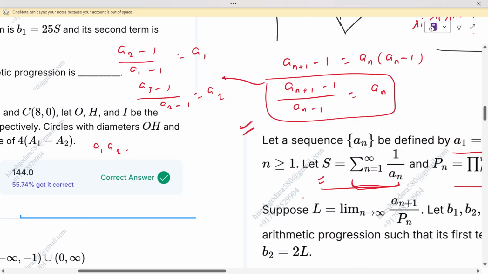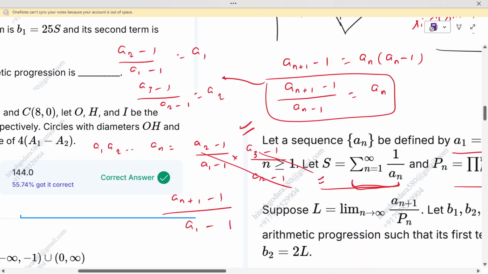A1 into A2 till An should be equal to A2 minus 1 upon A1 minus 1 into A3 minus 1 by A2 minus 1. This way it is cancelling, right? So what we get at last is An plus 1 minus 1 upon A1 minus 1, and that should be equal to A1 A2 till An.